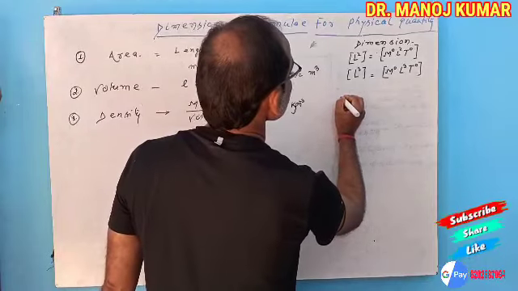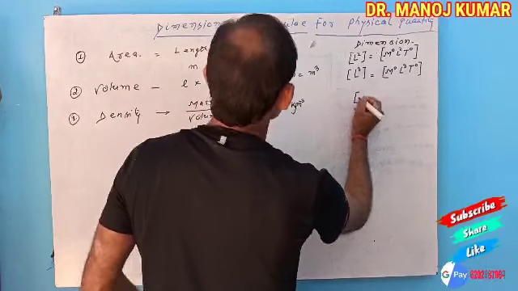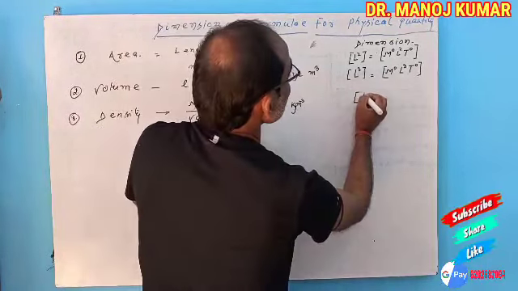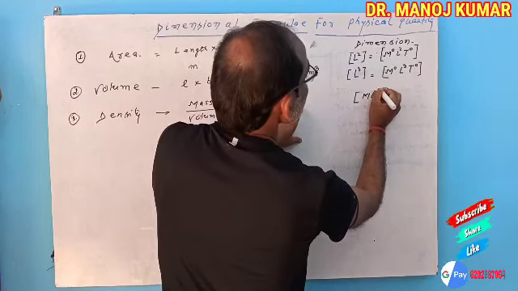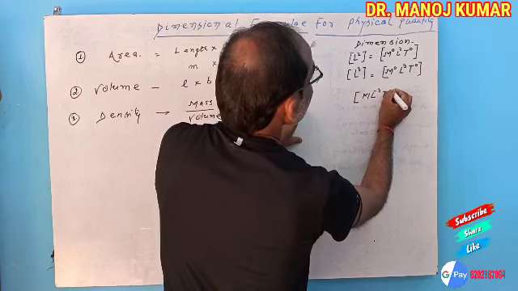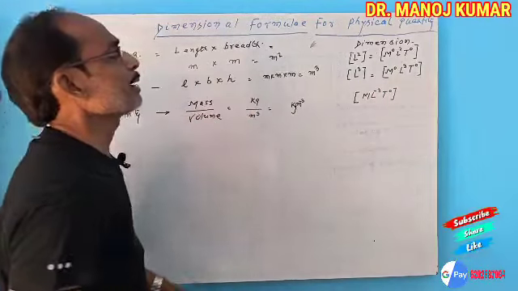Mass is present, so the dimension can be written as M L minus 3 T naught, that is ML minus 3.